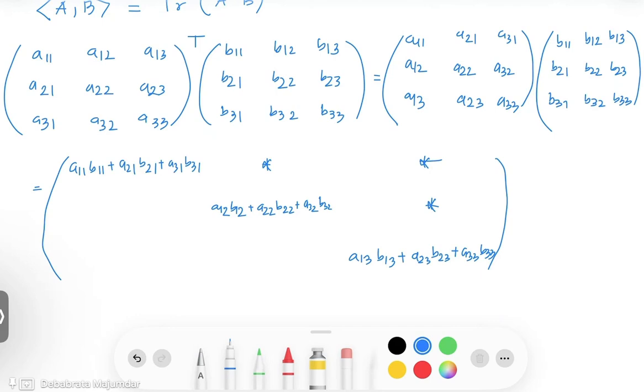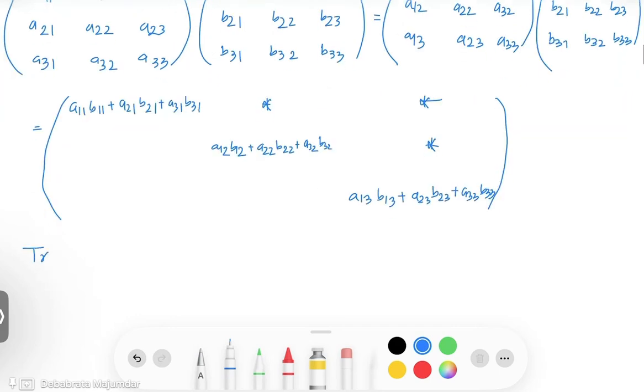Okay. So what is the trace? Trace of A transpose B. Can you observe it? Basically, in general I can write this as the sum of Aij Bij, right? Can you observe it?